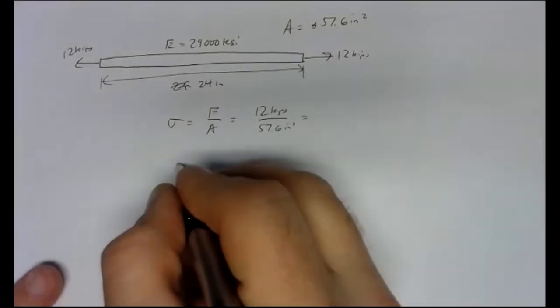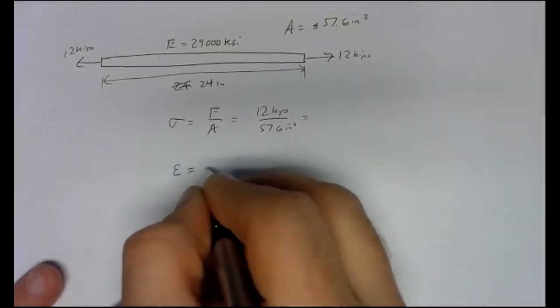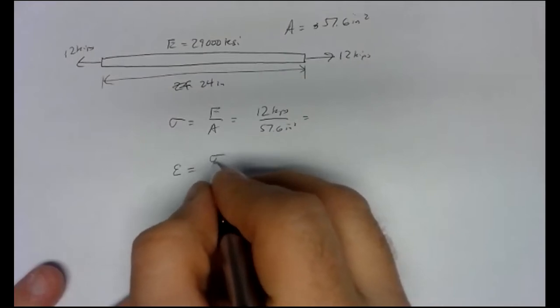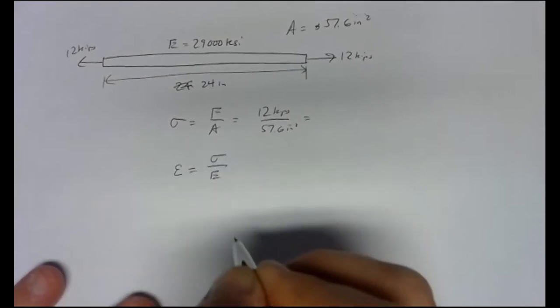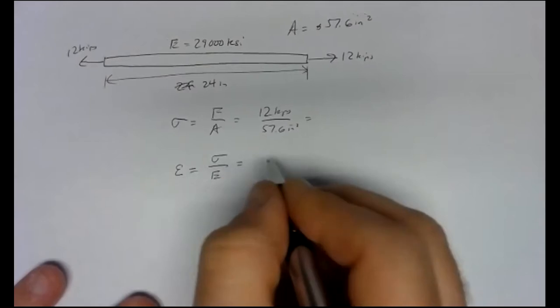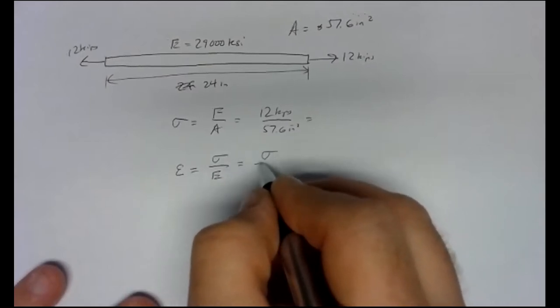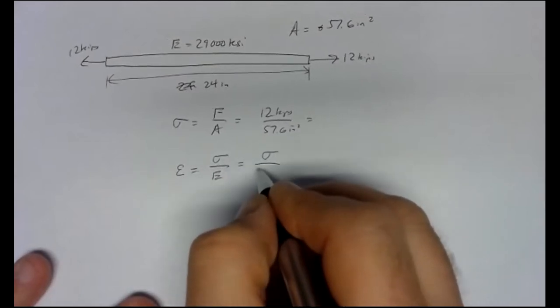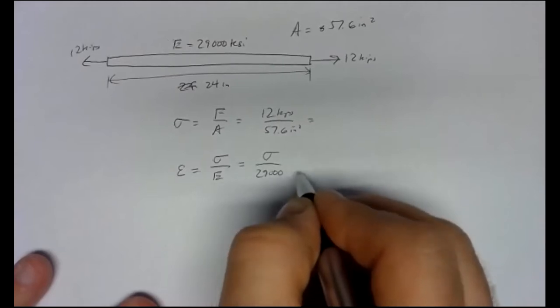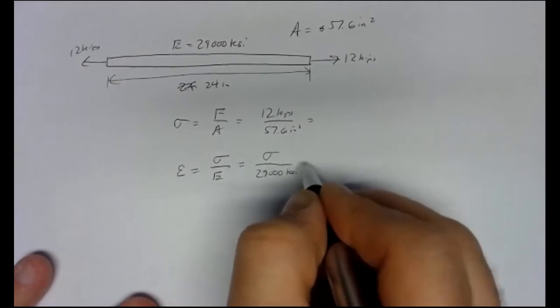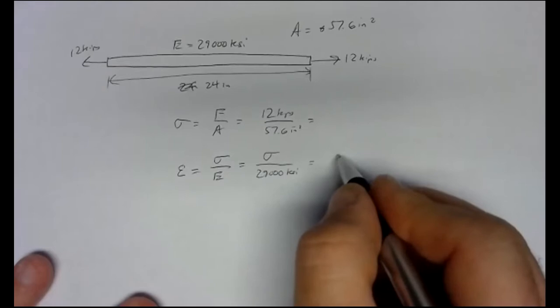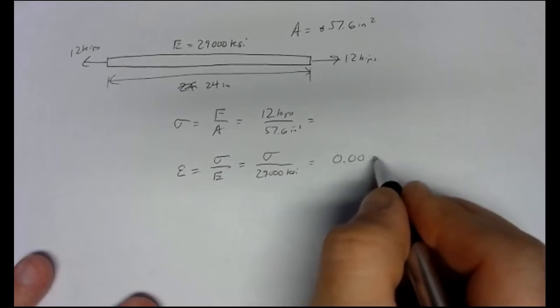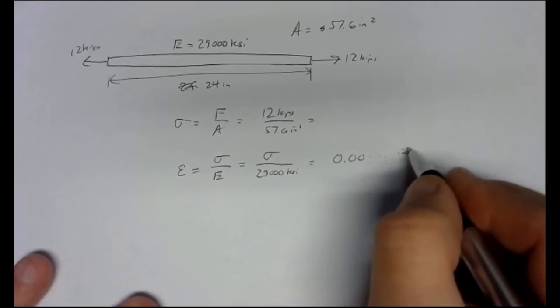To find the strain is stress divided by the Young's modulus. So we'd take our stress, whatever that was from problem A, and divide it by 29,000 KSI. That would give us some small number, probably 0.00 something inches per inch.